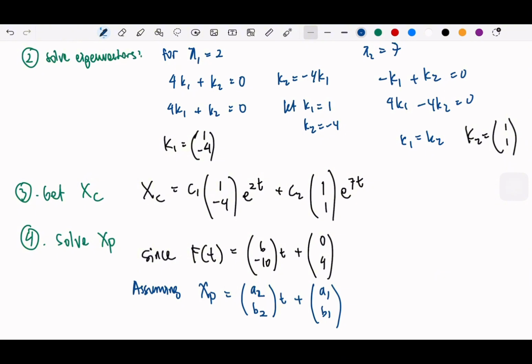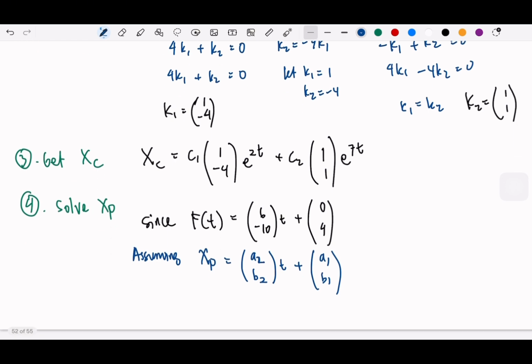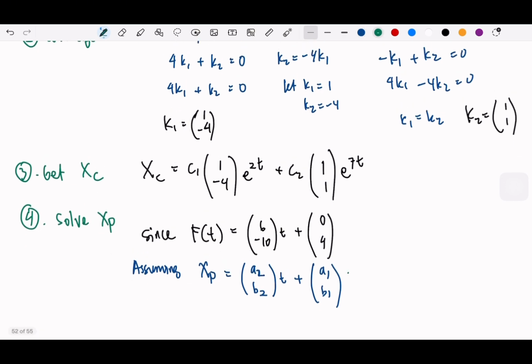For me, I will always start the constant as A1, B1 for the column vectors. And then this one, substitute into the original equation.